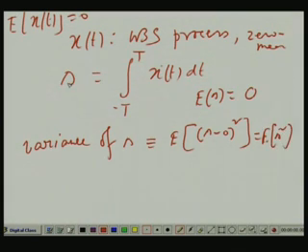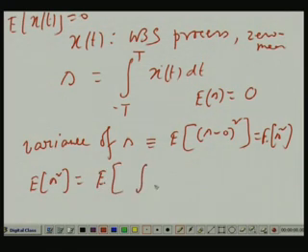Now, given S and given x t to be a WSS process with some covariance function or correlation function, auto covariance or auto correlation function, what is E of S square? That means S into S. So, you integrate twice, minus t to t, minus t to t.